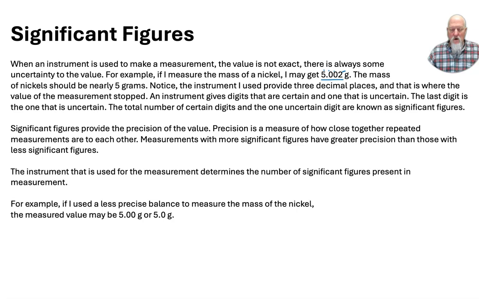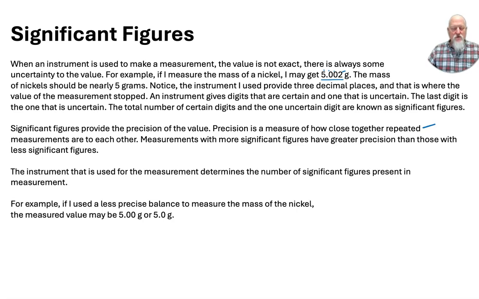All right? So we can see here, define precision. Precision is a measure of how close together repeated measurements are to each other. That means repeated measurements of the same thing. So if I took that nickel and put it back on the balance, I might get 5.001 grams or 5.003 grams. Okay? That last number, that's where the error occurs. That's where the precision stops.